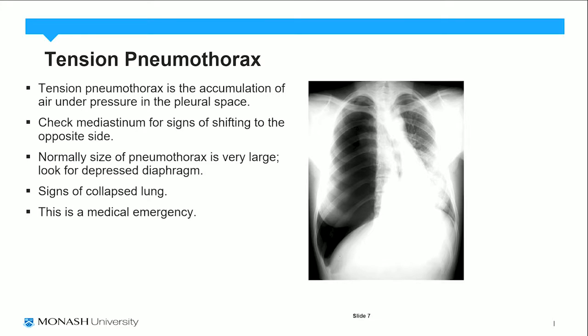And when we compare the right lung to the left lung, we can see the left lung has lung markings, whereas the right side has no lung markings. So there the lung has completely been pushed away and has collapsed. And we can also see that the trachea has also been displaced to the right side. Of course, I don't have to tell you that this is a medical emergency.